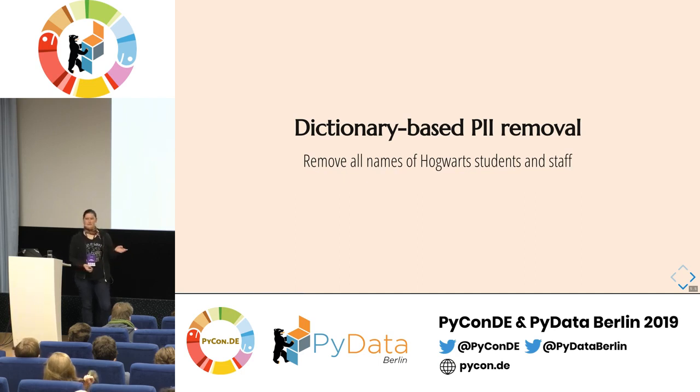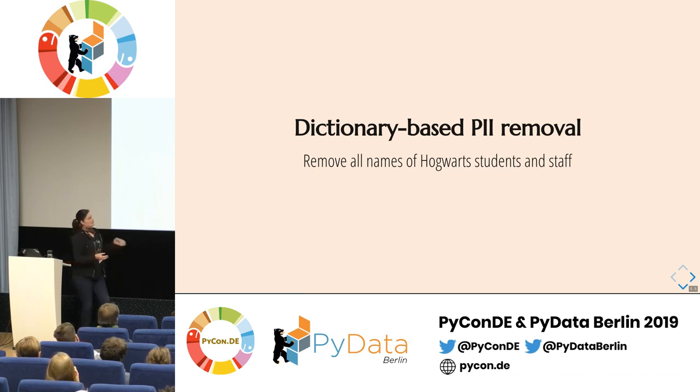One idea is using dictionary-based removal. If you're working for a school or for a company, you might have a database with the names of all the employees, and you at least want to remove all of that from the text data so that you remove some sensitive information.